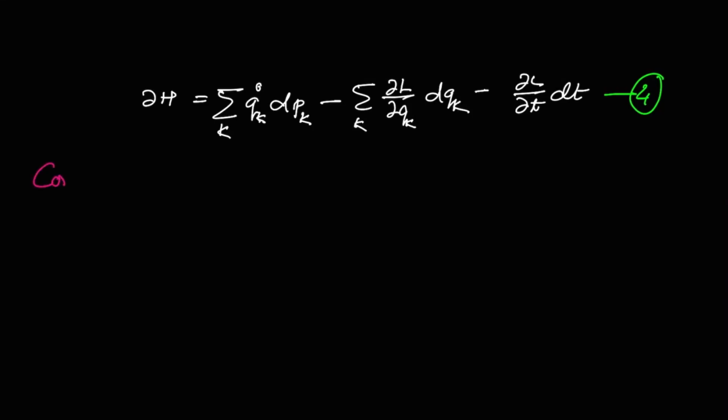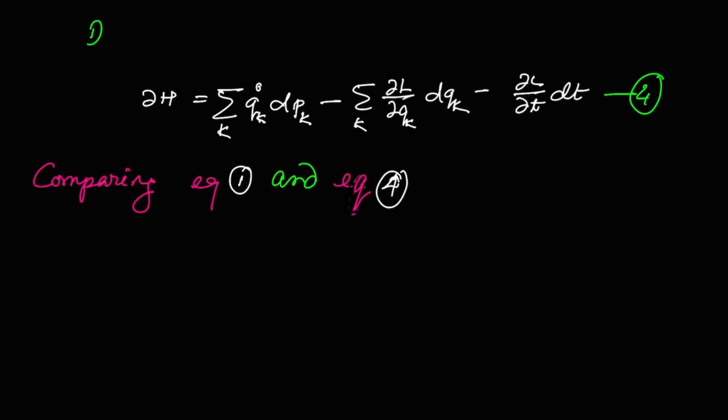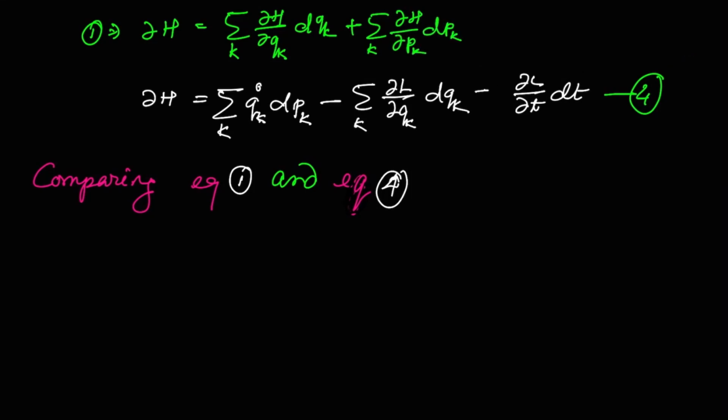If you compare equation number 4 with equation number 1, equation number 1 was dH equals summation del H by del qk dqk plus del H by del pk dpk plus del H by del t dt.